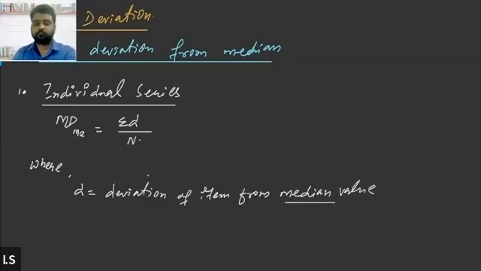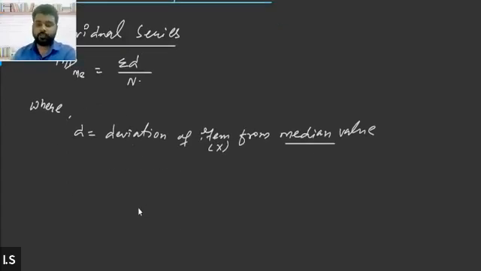Deviation of item means x from the median value, and n here means the total number of items in a series.